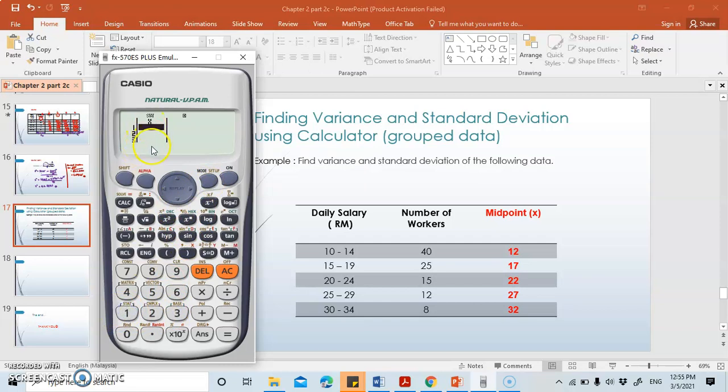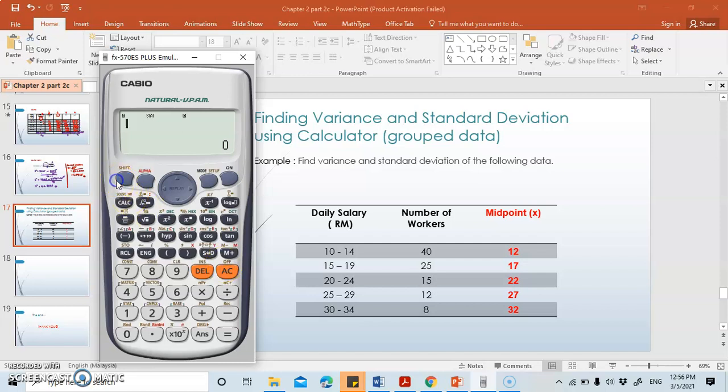If I press the statistical mode and I choose the variance mode, on my screen right now I only have the column for x, but this is group data. I have the midpoint x and also the frequency. So I need to amend the setup. So press AC, clear the screen.